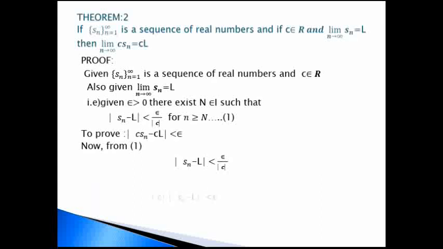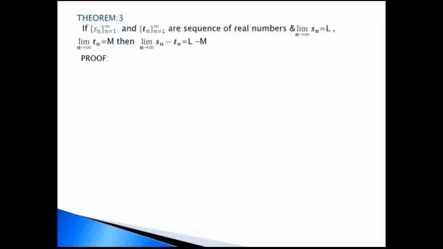So we get modulus of C into modulus of Sn minus L less than epsilon. We can rewrite this as modulus of C Sn minus C L less than epsilon. Hence, limit n tends to infinity C Sn is equal to C L.